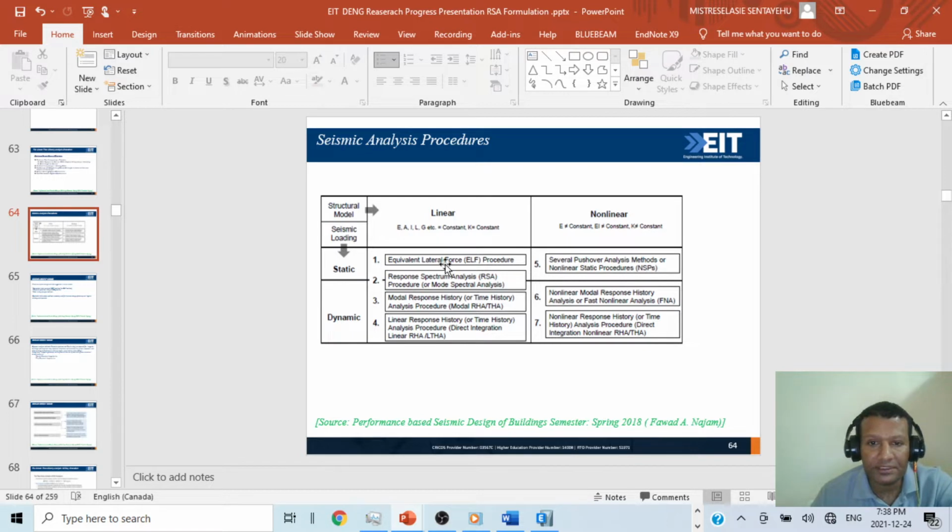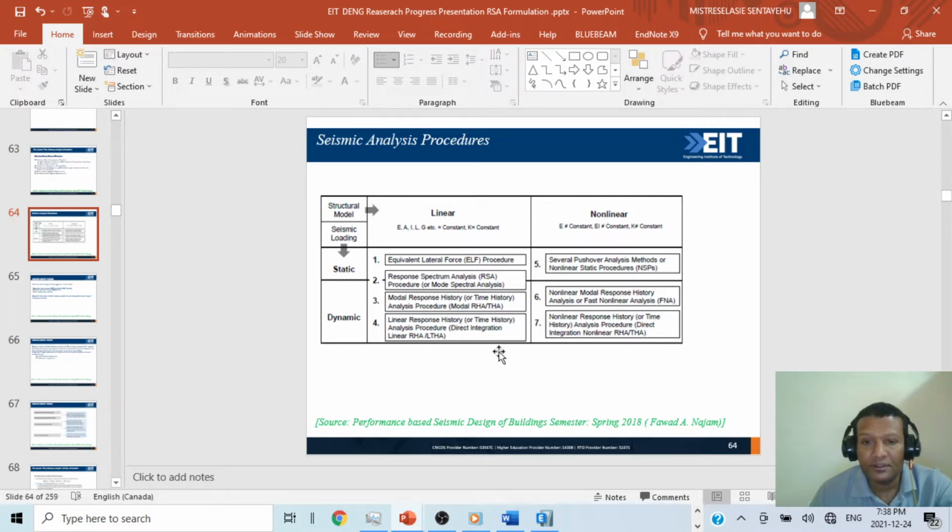I use plastic hinge modeling. For static analysis, we have the equivalent lateral force procedure, response spectrum analysis procedure, modal response history is completed, and the linear response history analysis procedure, direct integration. We discussed in our last video the difference between this and direct integration.